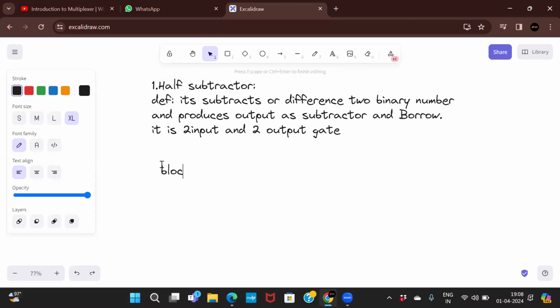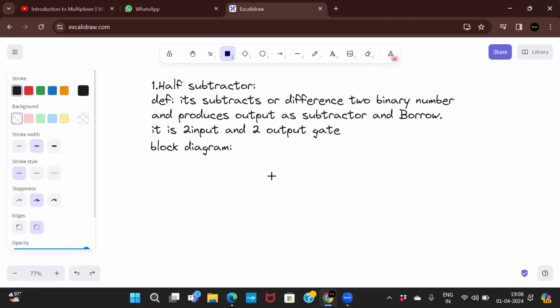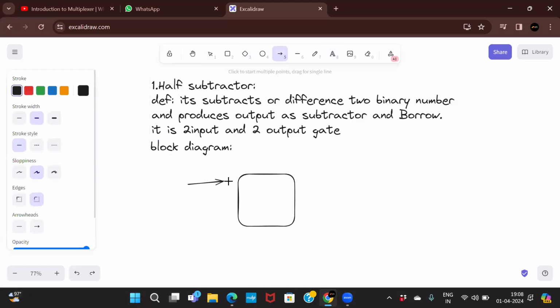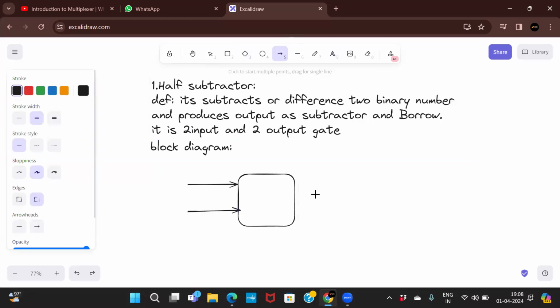Block diagram. Consider one box with two inputs and two outputs.